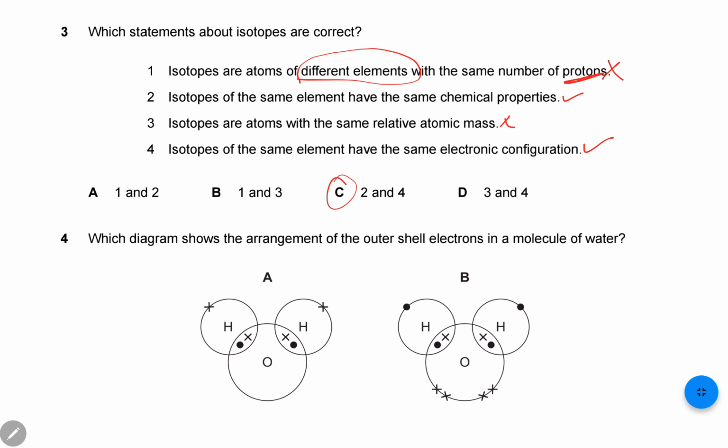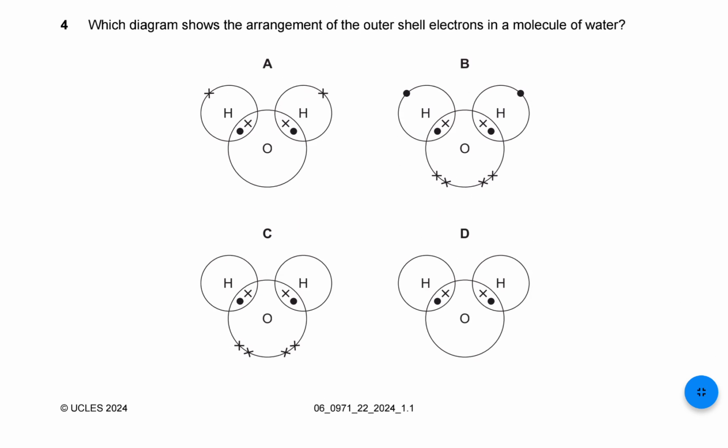Sorry for that. Which diagram shows the arrangement of outer shell electrons in a molecule of water? In a molecule of water, H2O, how is the bonding? We know that there will be 1 oxygen and 2 hydrogens. Oxygen will share, and each hydrogen will share.